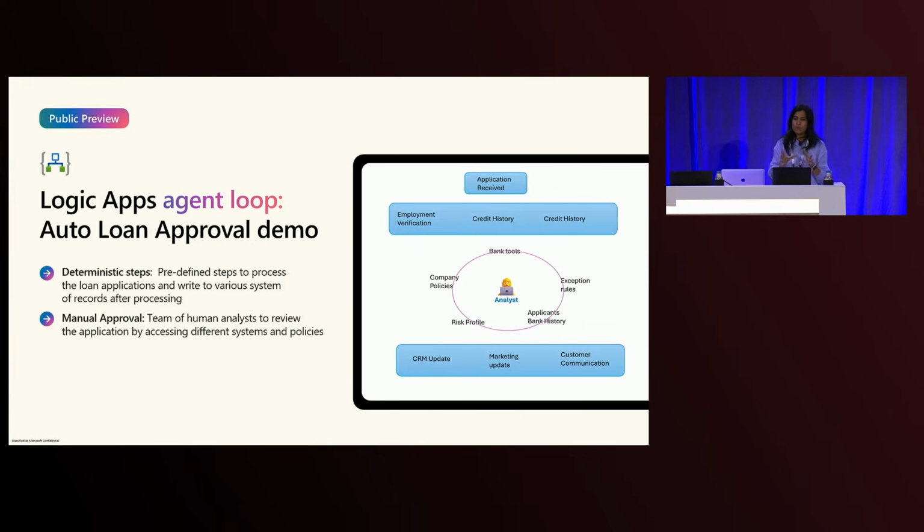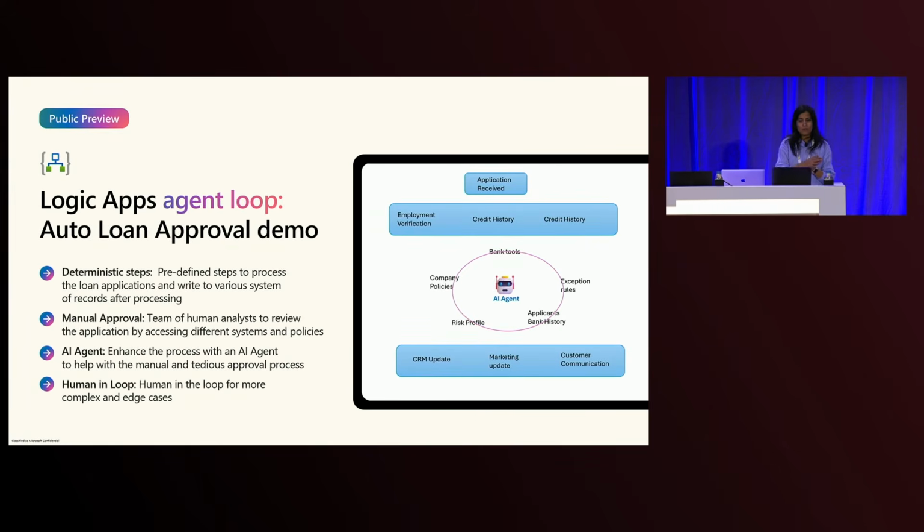Now, if we move this scenario and try to bring in the agent here, all the manual activity, all the manual process that the team of analysts were doing, that was not a fun process. That was a tedious, time-consuming process. Whereas where the real value lies is for this team of people to make high-risk, high-value decisions.